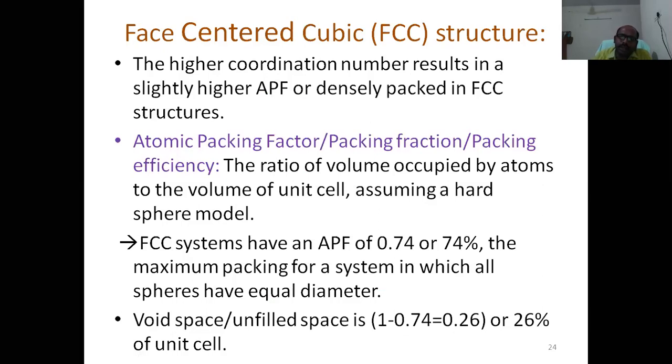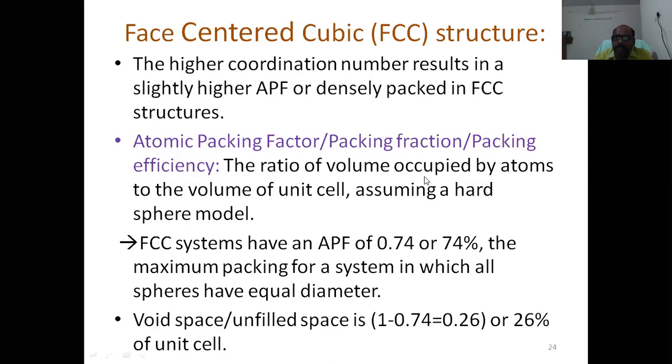In this case, there are 4 lattice points. Therefore, the volume occupied by the 4 atoms is 4 into 4 by 3 pi r cube, divided by a cube.